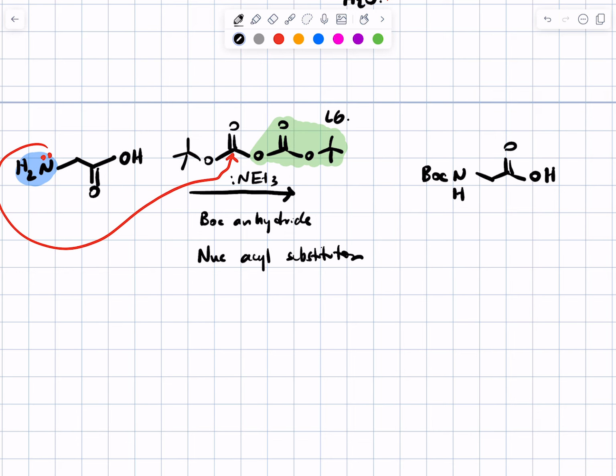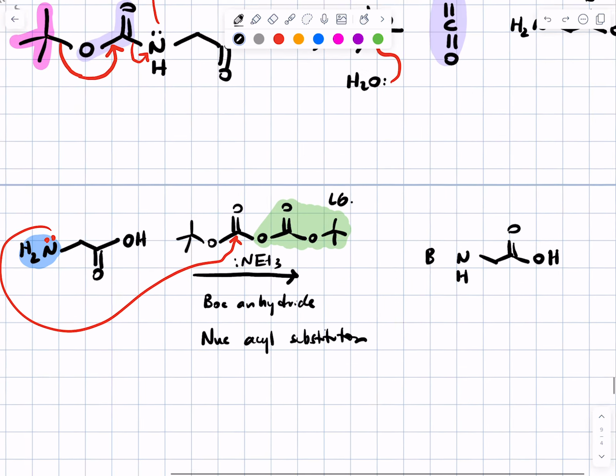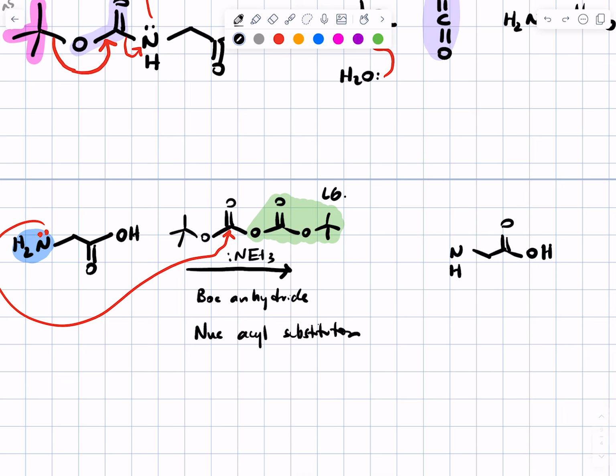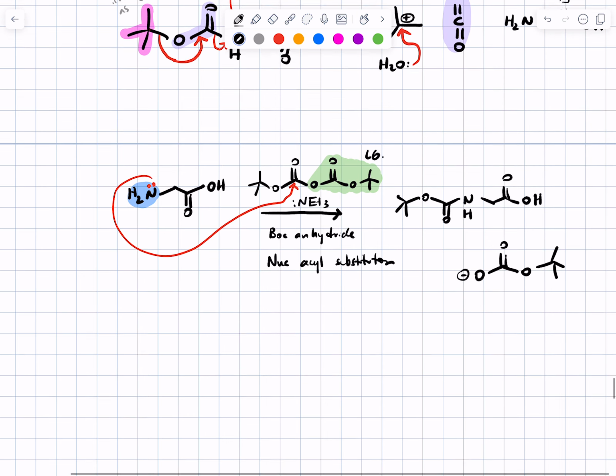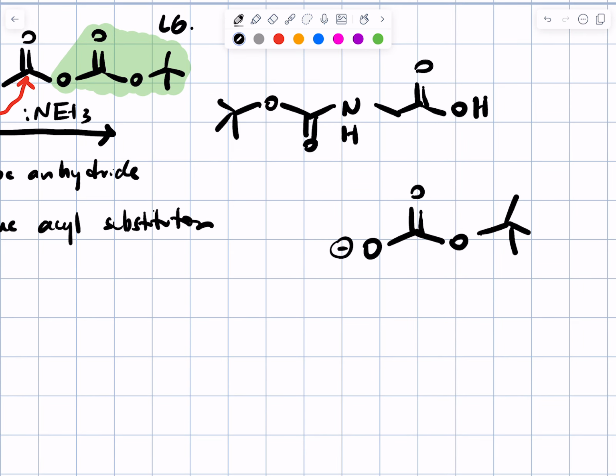Now Boc protected, but I'll draw out the structure. And then the thing that's the leaving group is this, which can also lose CO2, which pushes this reaction forward as well.